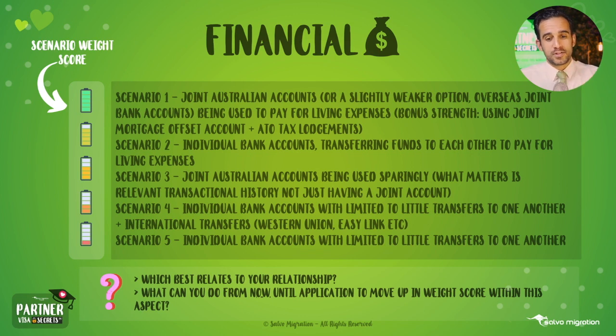But if you're not forced to be in that scenario, you should be trying to work your way up. You really should be aiming to have joint accounts established early on and get relevant transactional history, which is these expenses that I quickly mentioned on my whiteboard, for as long as you can prior to applying.